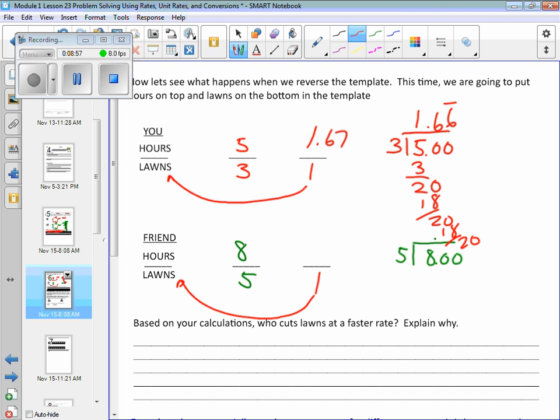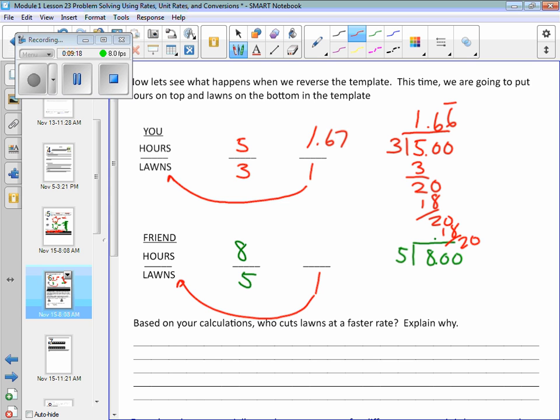Let's examine what this ratio means. This is saying that for one lawn, it takes you 1.67 hours to mow one complete lawn, which is really 1 2/3 of an hour, which is really 1 hour and 40 minutes.